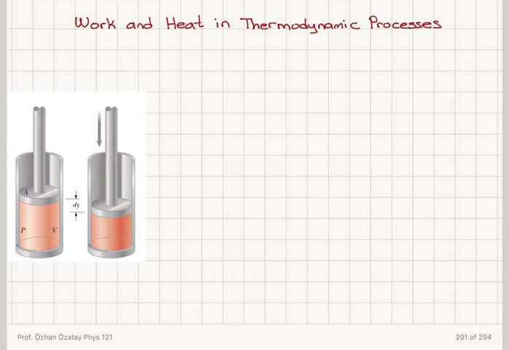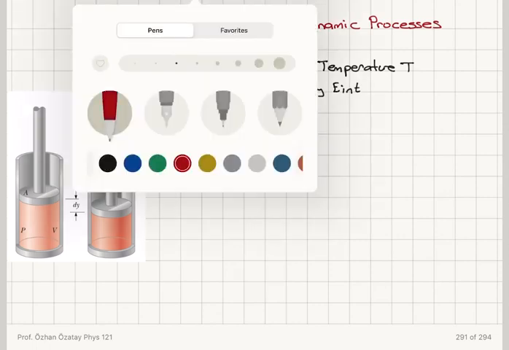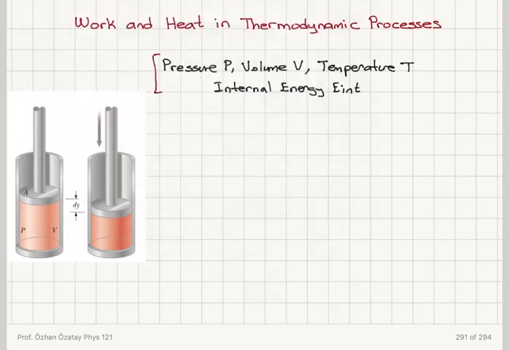For example, for a gas in a cylinder, we can use pressure of the gas, P, volume of the gas, V, temperature of the gas, T, internal energy of the gas, E internal, to describe the state of the system. So I'm going to call these variables state variables.